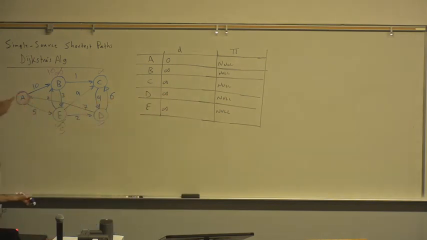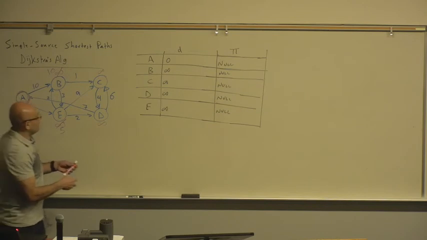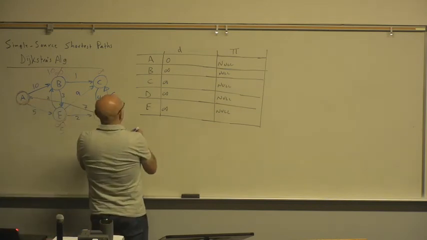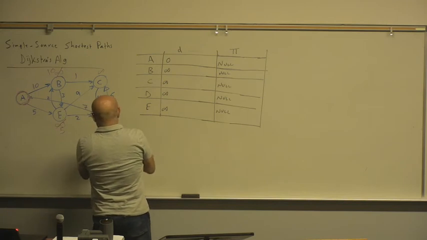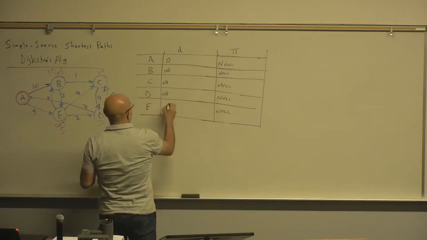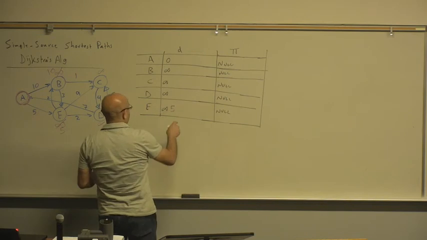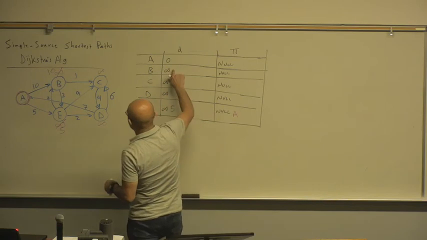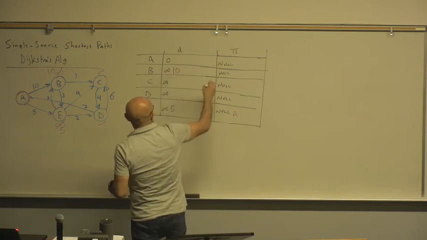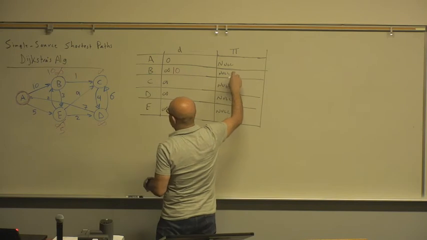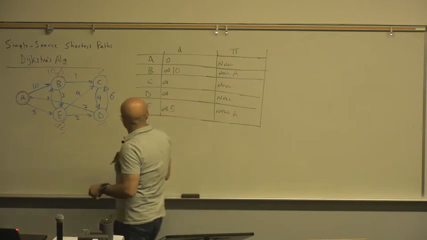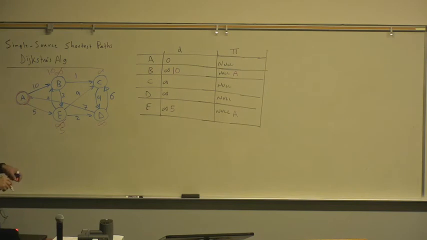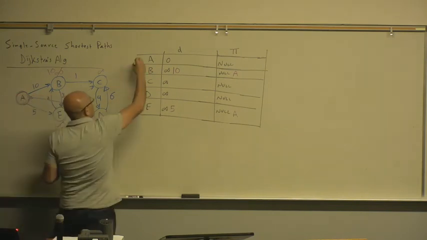Okay, so first step, look at the neighbors of the source. I know that E has its minimum distance, so I'm going to update the distance of E to 5, and I'm going to update the parent of E to A, and I'm going to update the distance of B to 10, and its parent to A. Now, once I do these updates, A is done.